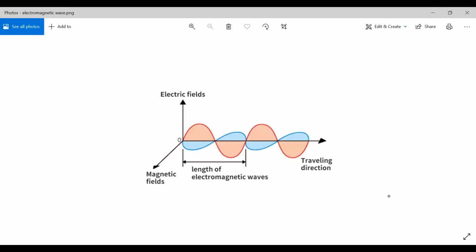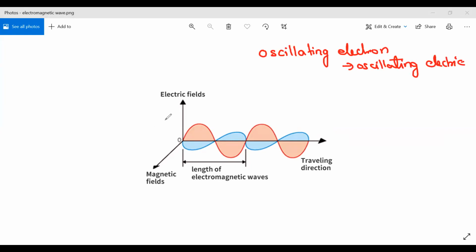If you look at this figure, we already discussed that an oscillating charge, electron or charge, whatever, generates an oscillating electric field.